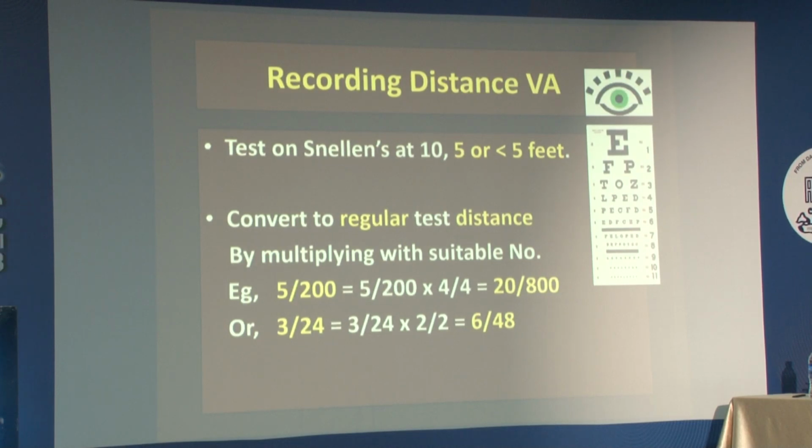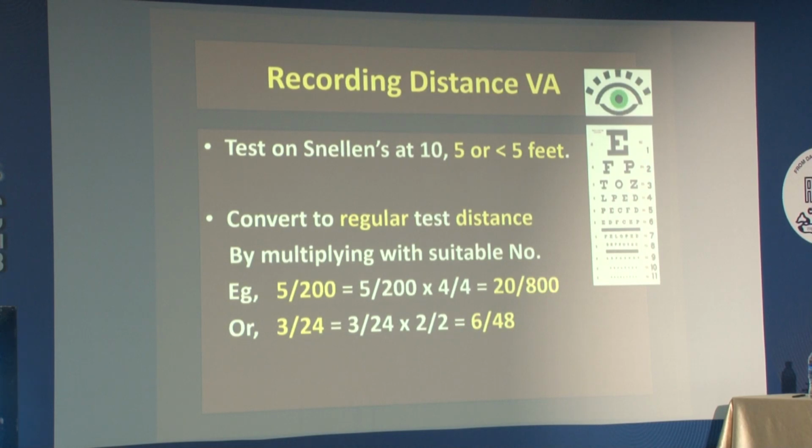And if you're using American notations, it is 20/20 top line. So you convert that figure by a suitable digit into the regular Snellen acuity. For instance, in this example, if the patient sits at 5 feet, reading the top line, you multiply it by 4 by 4, you get a figure of 20/80. That's the Snellen acuity for him.